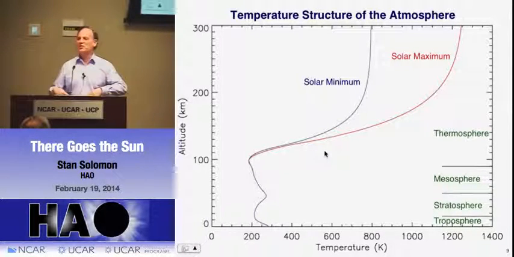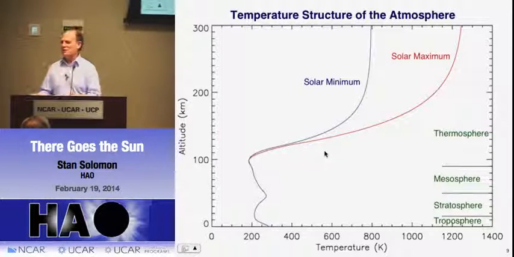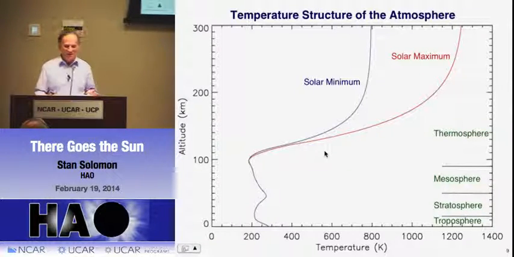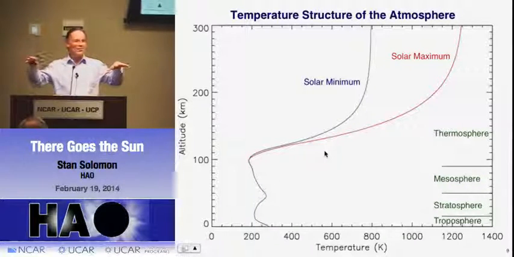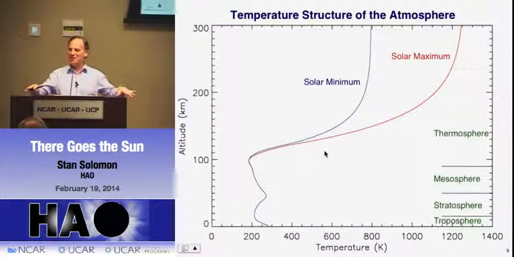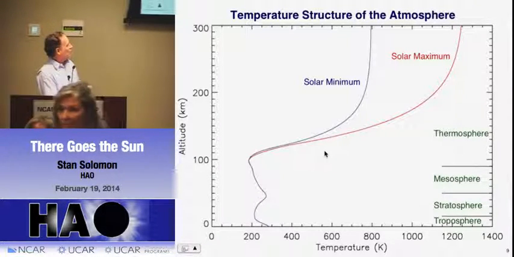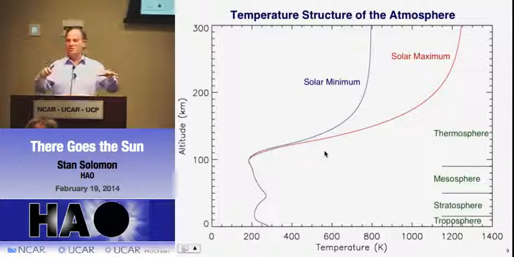If you're used to thinking on pressure surfaces, and who isn't? In our hydrostatic world, if you think on pressure surfaces, just imagine all those pressure surfaces sort of settling down as things cool off. And at solar maximum, this profile is so steep that you actually get heating. And basically the cooling from below, the whole atmosphere is cooling, and so the cooling down here is dragging the atmosphere down. And you get this apparent artifact, this apparent increase.